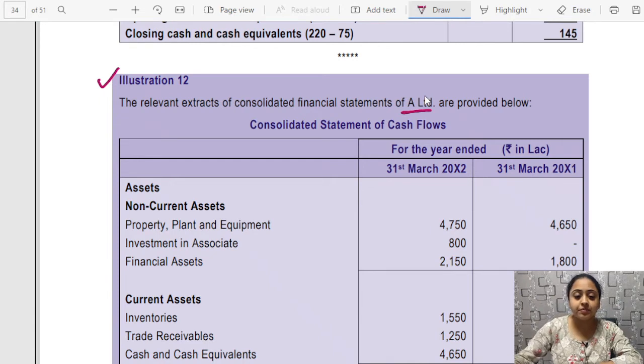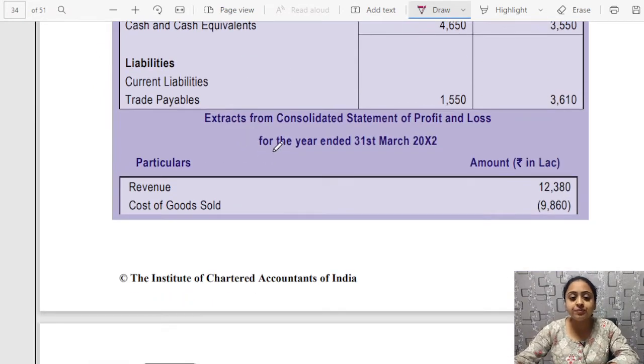Now this is consolidated, which means if there has been any purchase or sale of any entity, then it has already been combined in such values. If the entity has acquired or sold any portion of an entity, then it has been included. In this balance sheet, it is the consolidated one.